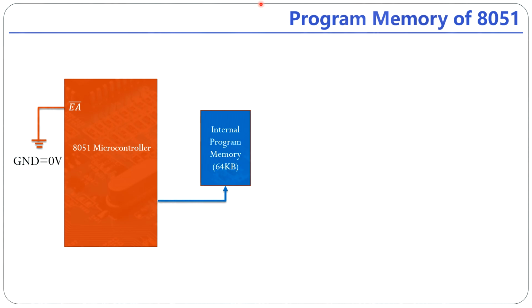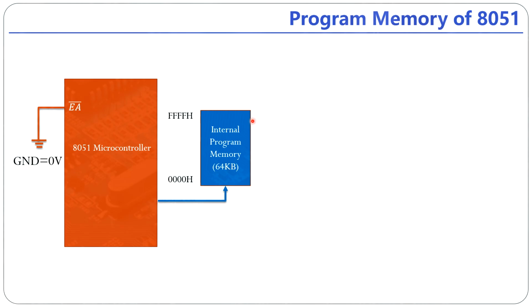This is for the purpose of internal program memory, that is the range of this memory is 64 KB, right?